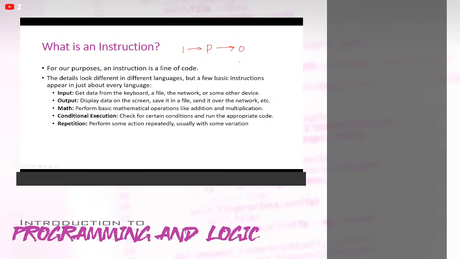IPO. Input, process, output. This is what we call our data cycle. And it's the process that turns the input, which is data, into the output, which is information. So it's important to have these two instructions in our programming language, or else we wouldn't be able to get information from data.